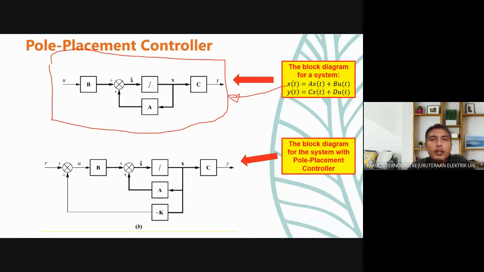Okay, so can you see here? This is starting from here. You multiply with B, you get B U. Then starting from this line, multiply with A, what do you get? What is the equation you get?